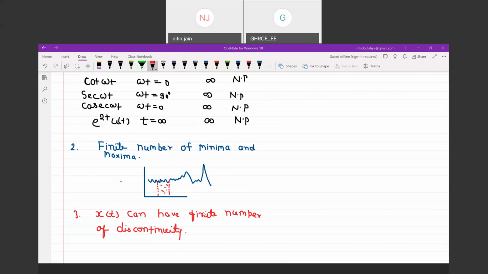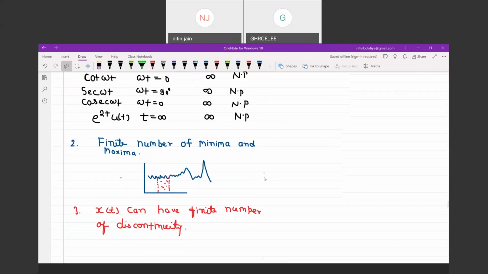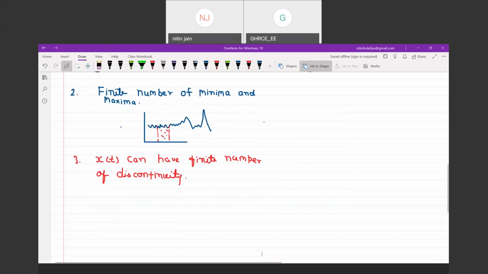What do we understand by discontinuity? When the left hand limit is not equal to the right hand limit. How do you define discontinuity?